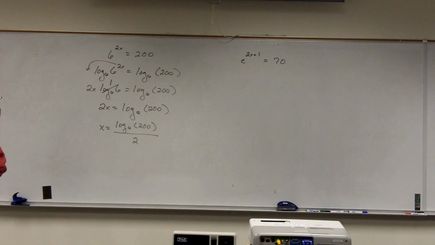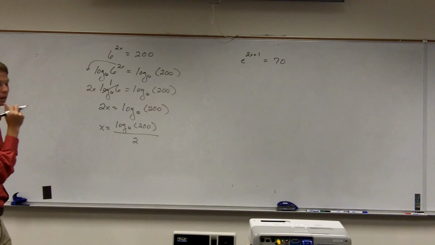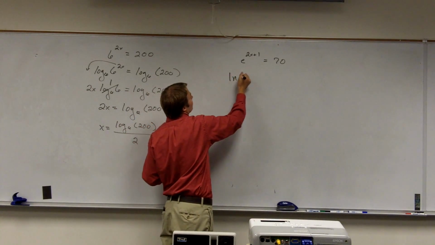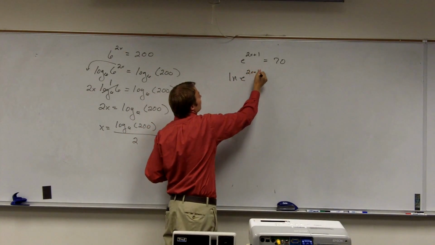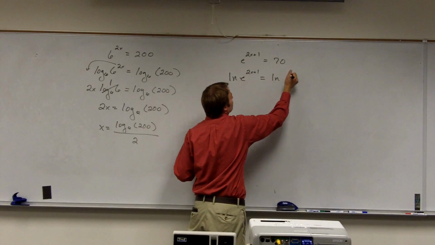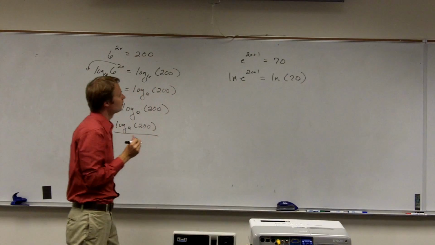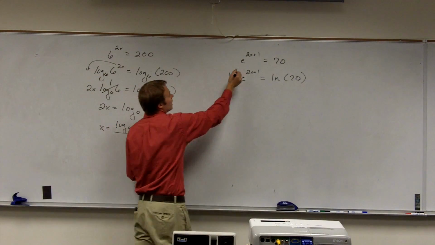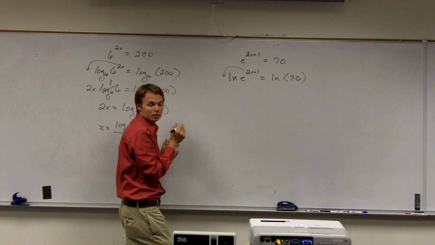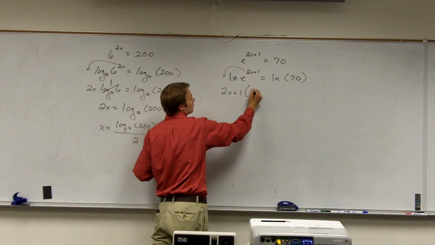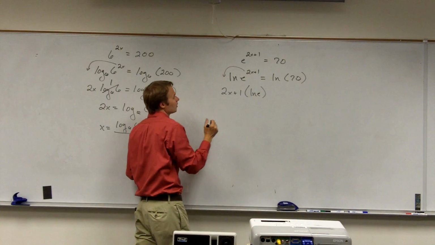Take both sides by log e, or by natural, right, so the natural log, or log base e. So I'll take the natural log of e to the 2x plus 1 is equal to the natural log of 70. Now I can bring down this entire exponent to the front, so 2x plus 1. And then I'll have natural log of e left over.